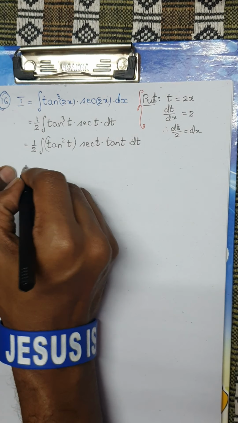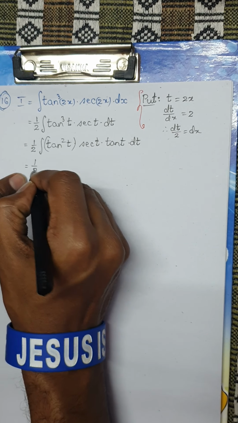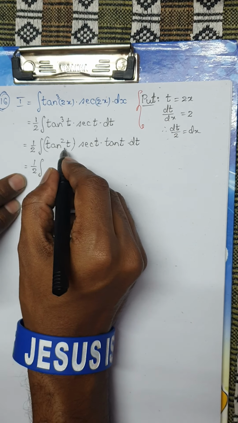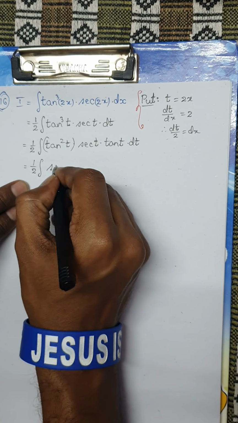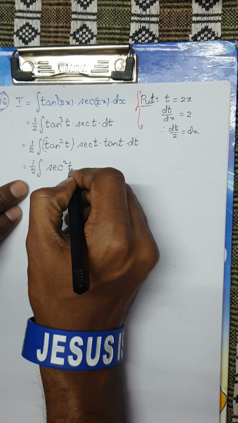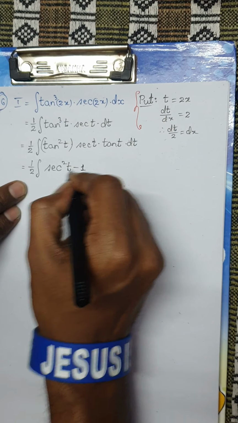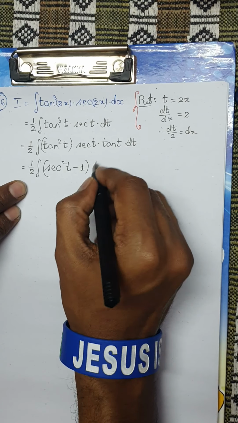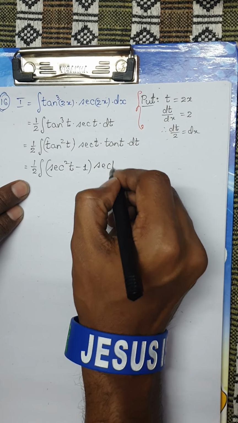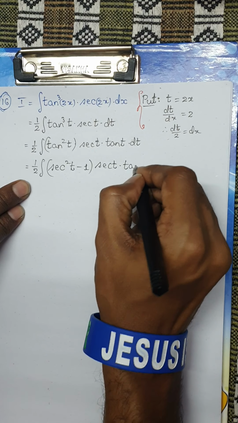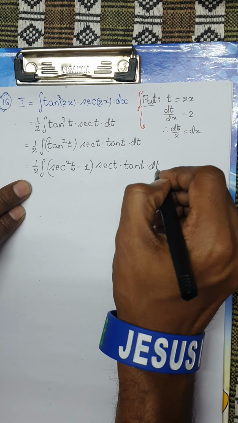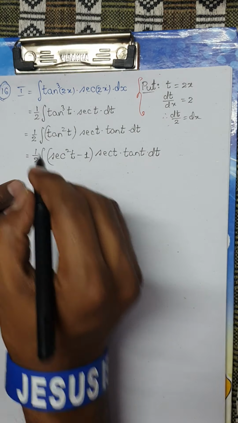Okay, so this is nothing but half into the integral of... we don't have the standard integral for tan square, so tan square theta can be written as secant square theta minus 1. So I'm going to write it as secant square t minus 1 into secant t into tan t dt. Okay, so see what happens.